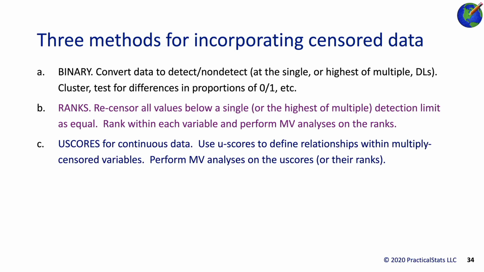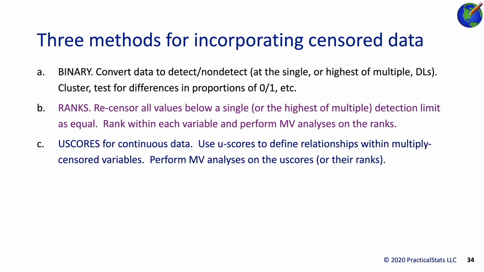There are 3 approaches, increasing in precision. The first is binary. You could convert your data just to a detect and non-detect. So they're really just 0, 1 variables. And you can do all of these various procedures, including cluster analysis and plots and trends and everything else. But a little bit more precision is to rank the data.